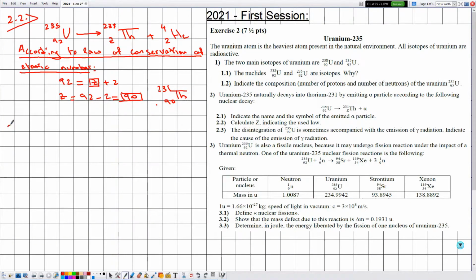Then in 2.3: gamma radiation is emitted due to the downward transition, and this is known as the de-excitation of the daughter nucleus.